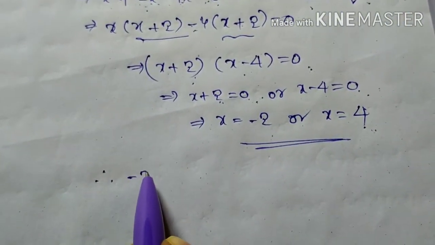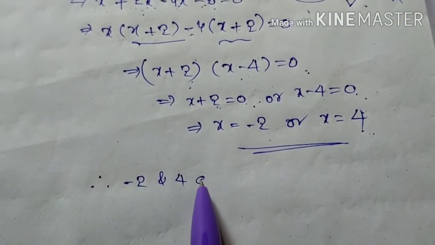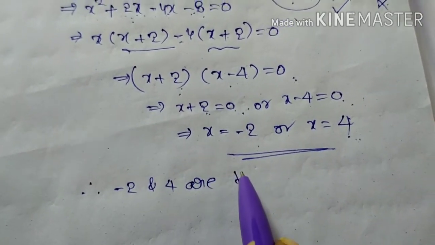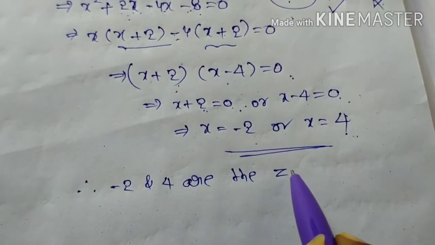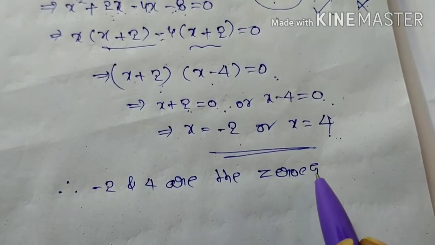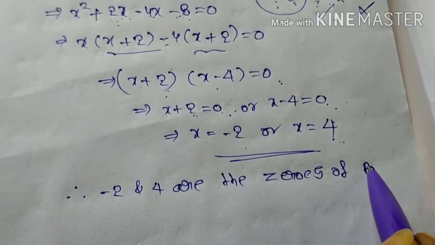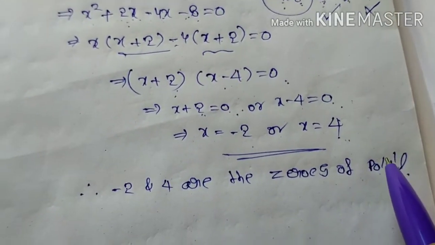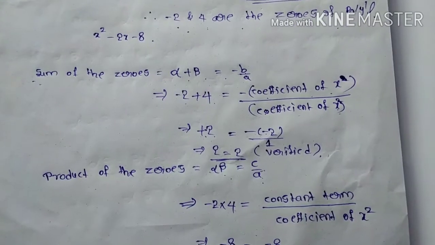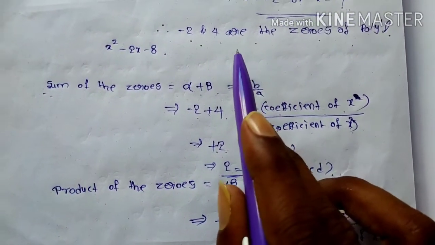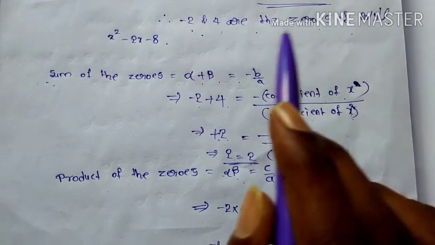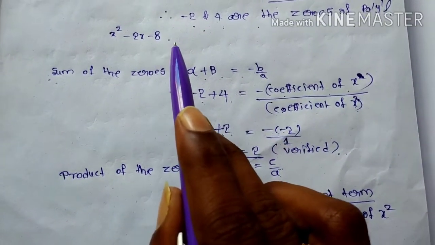Then you can write here minus 2 and 4 are the zeros of the polynomial. Now, we have already discussed that minus 2 and 4 are the zeros of the polynomial x square minus 2x minus 8.